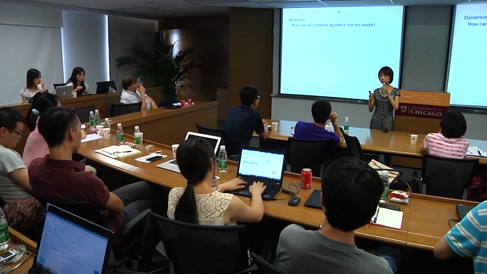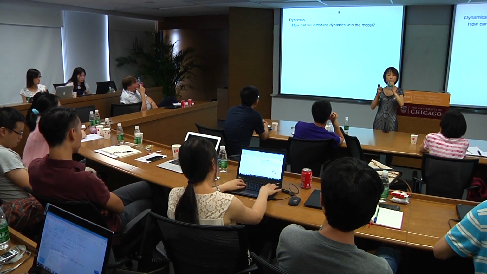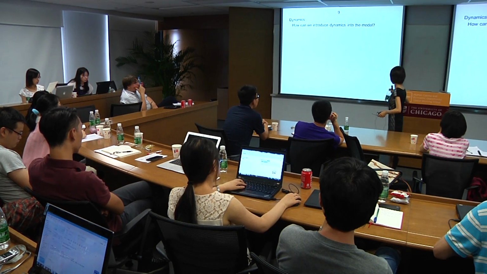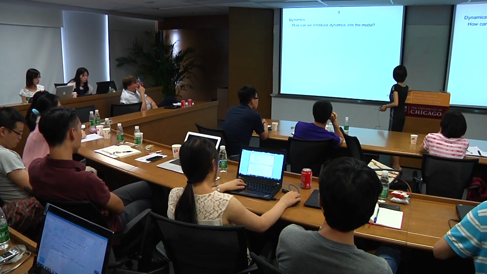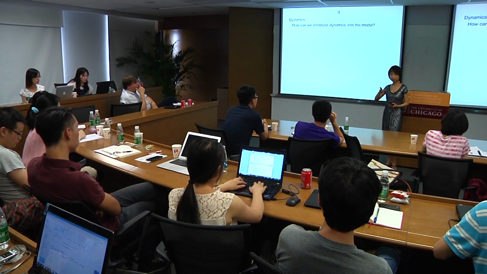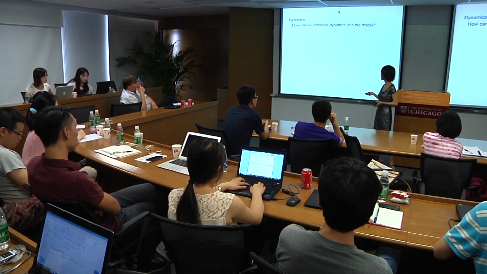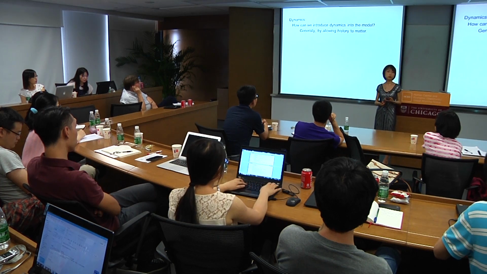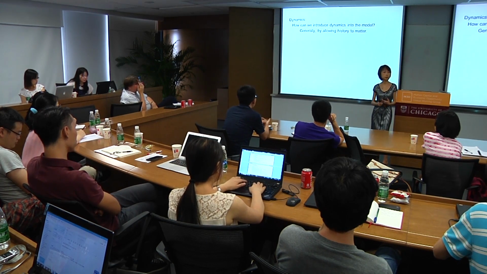Well, if you're fancy, I'm not that fancy. Adding saving, of course, would make it dynamic. Maybe choice of number of children. Okay, you are all fancier than me. I'm just boring. In general, just allow history to matter, then you will make this more dynamic.